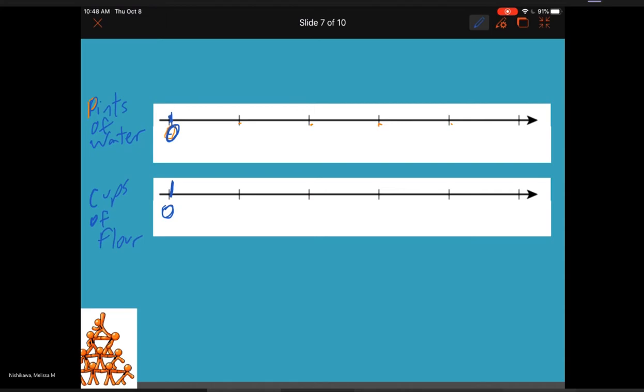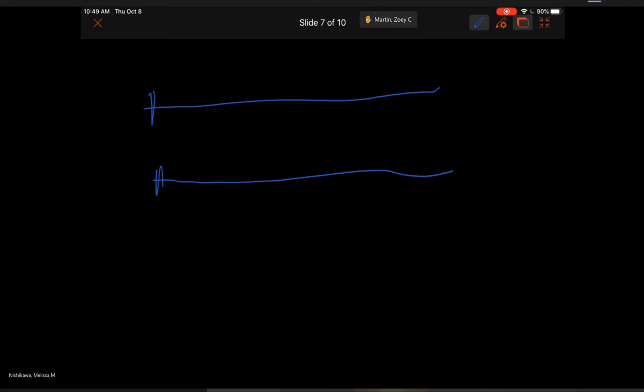What do you think might be important about our spacing when we're drawing a double number line? So if I draw this number line and this number line, when I'm making my spaces, what is something I need to think about? Anyone other than Zoe? Not that I don't want to hear from you, Zoe, but I want to hear from some other people too. What's something to think about with my spacing?